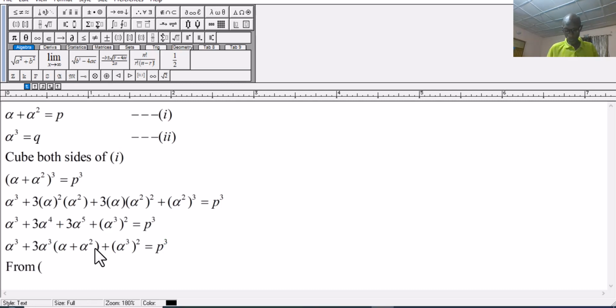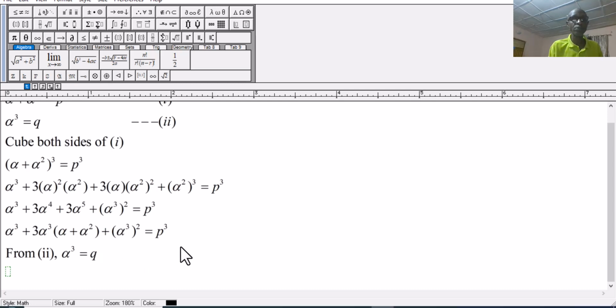Now from equation 2, alpha cubed is equal to q. Let's term this equation 3. In equation 3, anywhere I see alpha cubed, I'm going to put q.